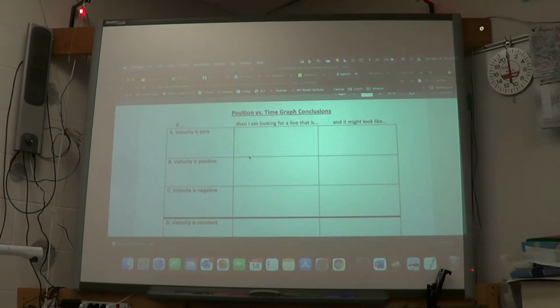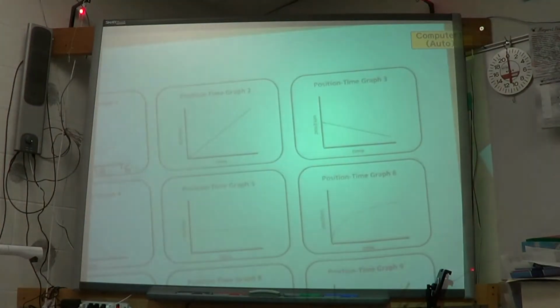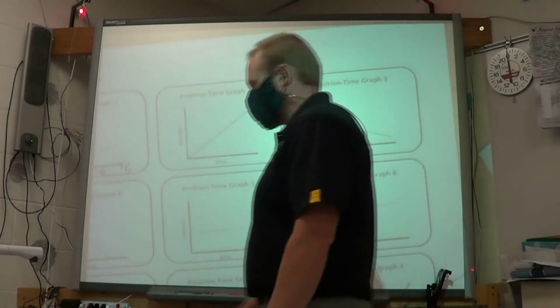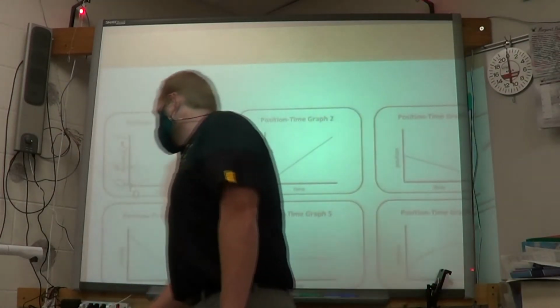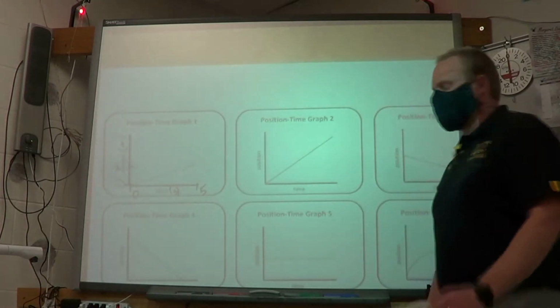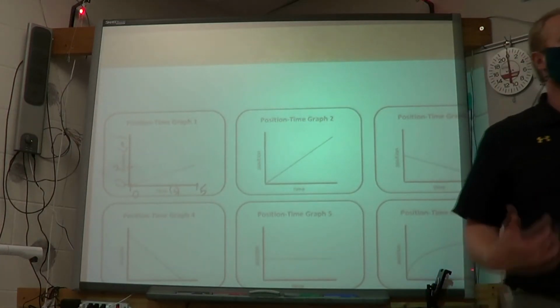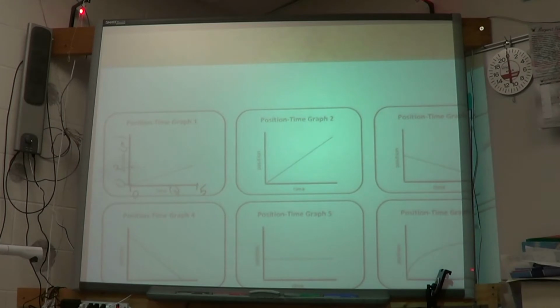My intention is for you to take a little bit of time to look back through your question sheets or start over from scratch. On these graphs, we're looking for trends, and we're going to draw some conclusions.